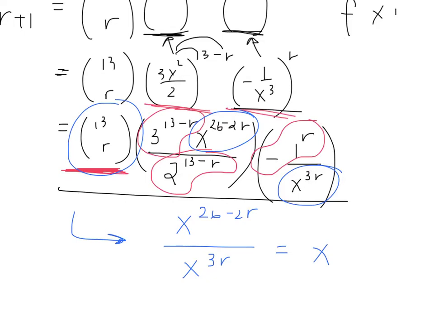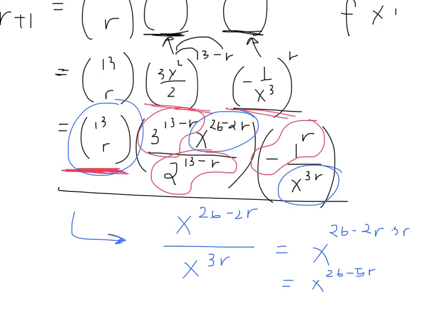When you're dividing, what will you do with exponents? Go back to the rules on exponents. Whenever we divide, it becomes minus. So you have 26 minus 2r minus 3r, so x to the 26 minus 5r.